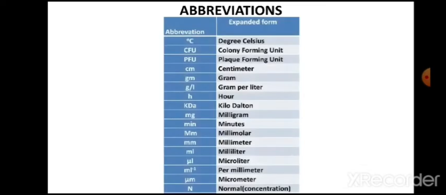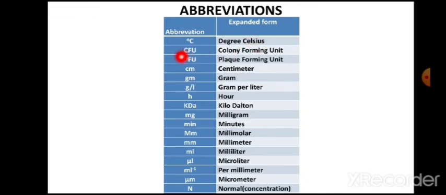Then in your project work, while writing, you may use multiple words in short form. So you need to describe the full form of all these short forms and symbols. It is called abbreviations. So you can see here, this is listed here. This symbol is for degree Celsius.